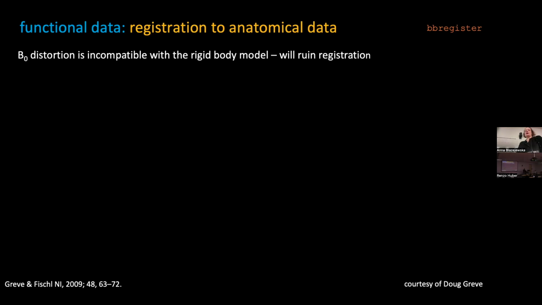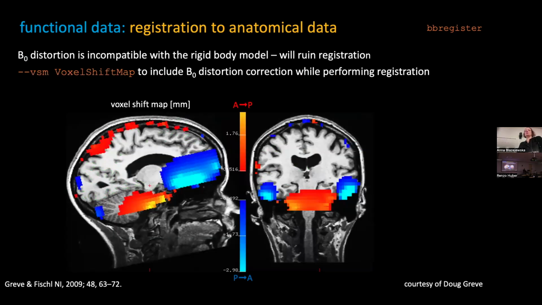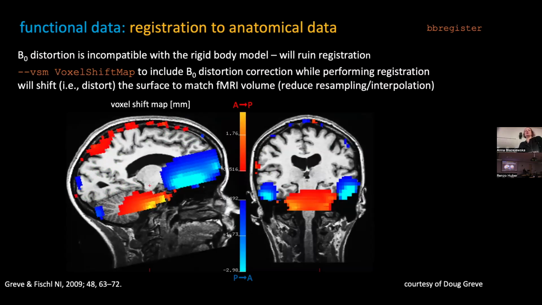And apparently, as I learned, we can also pass the voxel shift map to BBRegister and include distortion correction in registration. I haven't tried it myself, but what it does is warp the surfaces to match your fMRI volume data. It will all depend on how accurate your voxel shift map is, so there are some questions there, but that's just an alternative if someone wanted to apply it.